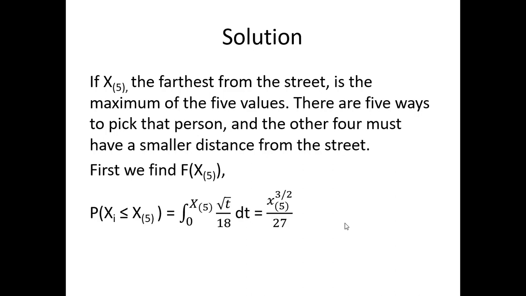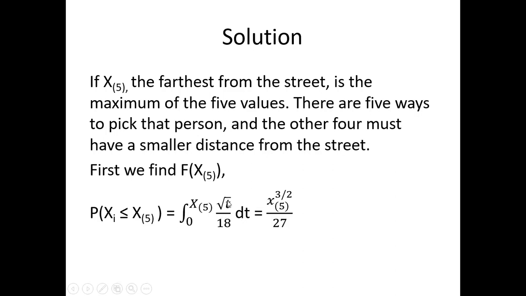All right, well, x5 in this case would be the maximum. And so there are 5 ways to pick the person, and the other 4 must have a smaller distance. So we want to find the CDF of x5. In terms of probability notation, the probability that xi is less than or equal to x5. So think of the integral from 0 to x5, and we're integrating our PDF. I'll change the variables so I don't have too many x variables.